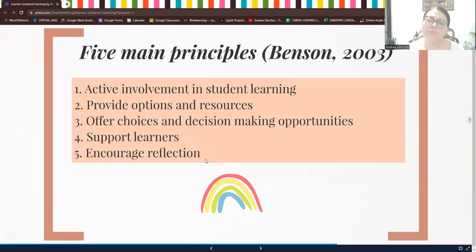And finally, encourage reflection, not only on certain topics about what you are teaching, which in this case is English, right? Like reflect on this, do this, think about this, but also remember that languages are very human, right? I've already mentioned that. But it's really important that you make them reflect on the world, on where they are standing, their environment, everything that is around them.